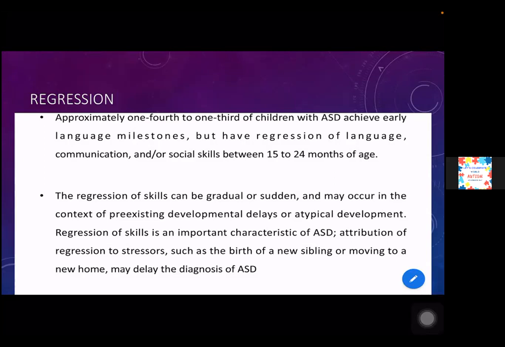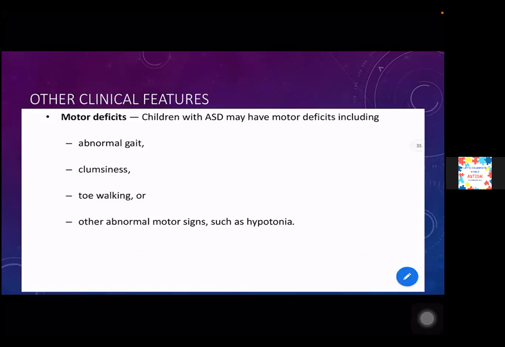Very important that it may be associated with a developmental delay or there is an atypical development. Regression of skills is an important characteristic of autism spectrum. Attribution of regression to stressors such as birth of a new sibling or moving to a new home or a new school may delay the diagnosis of autism spectrum.